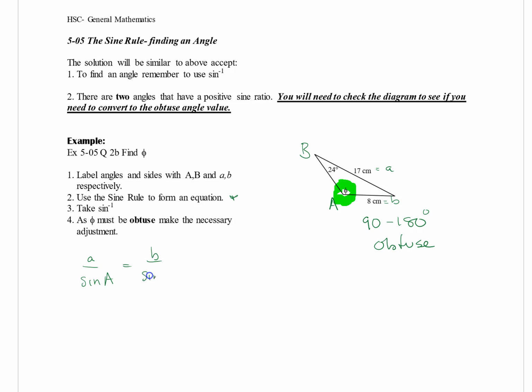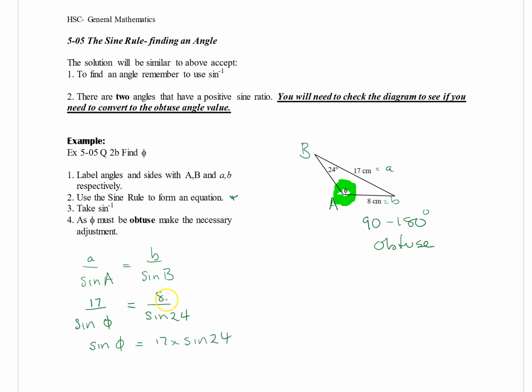and what that enables us to do is to create an equation to solve by simply substituting our values from the diagram into the equation. Cross multiply, you'll see, gives us that sine of the angle is going to be 17 times the sine of 24.